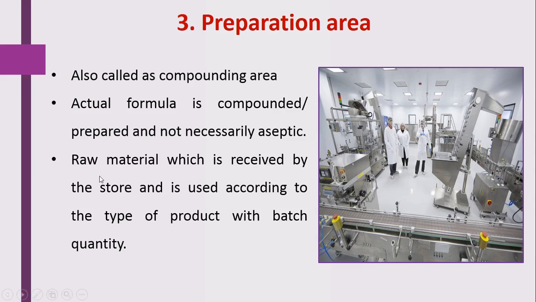Raw material is received from the store and used according to the type of product with batch quantity. So here the preparation and compounding of the products is carried out.